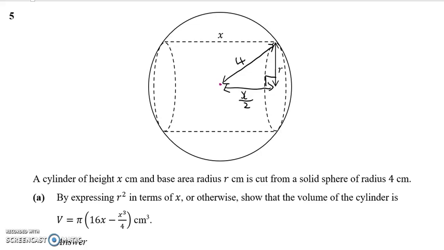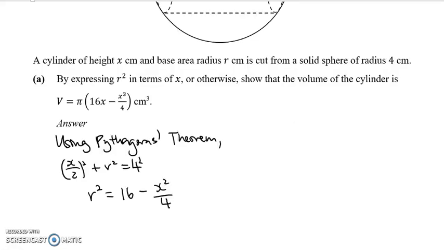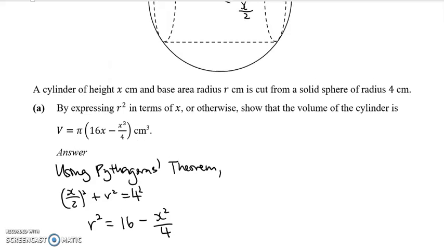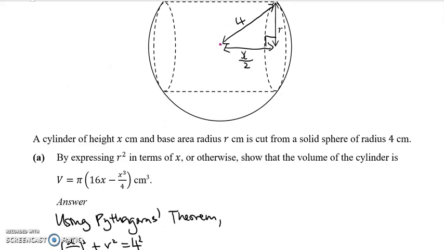So I can actually form a relationship. I'm going to write my answer here. Using Pythagoras theorem, I can actually link r and x together. So I have expressed r squared in terms of x by using Pythagoras theorem.